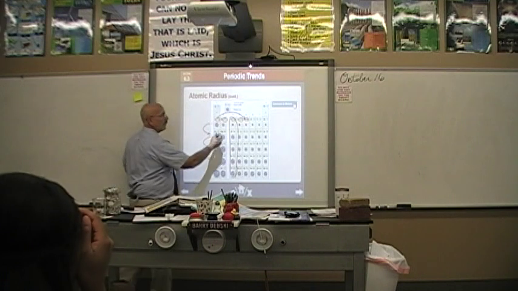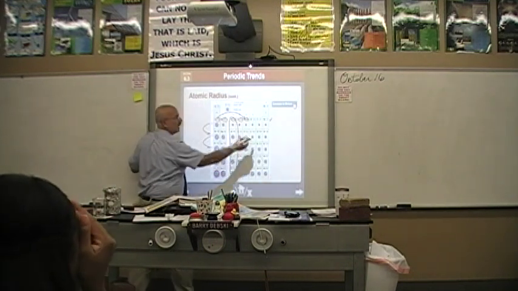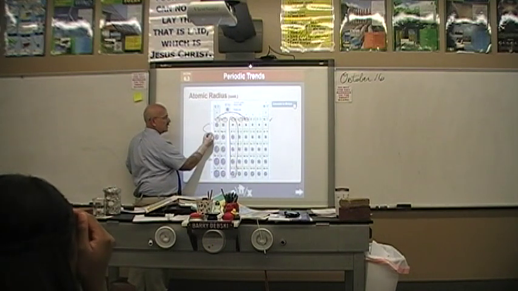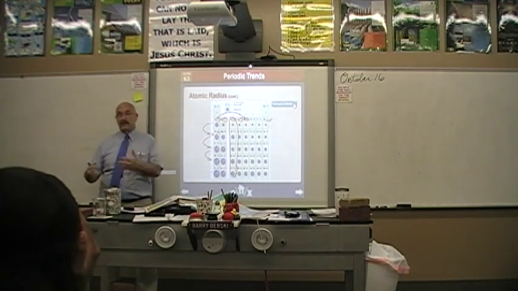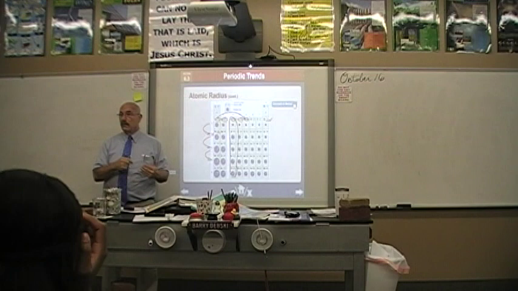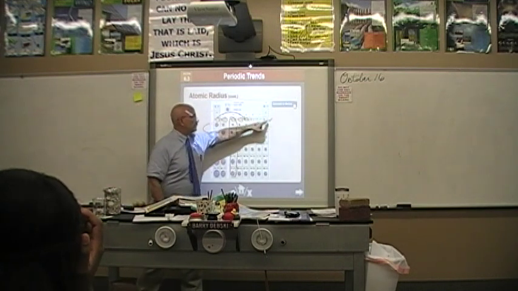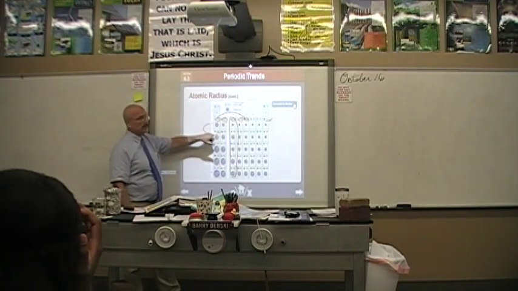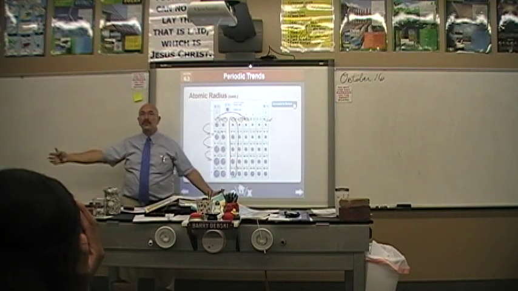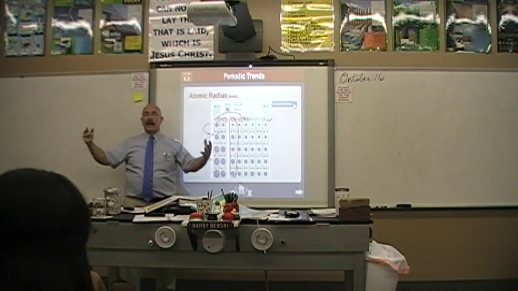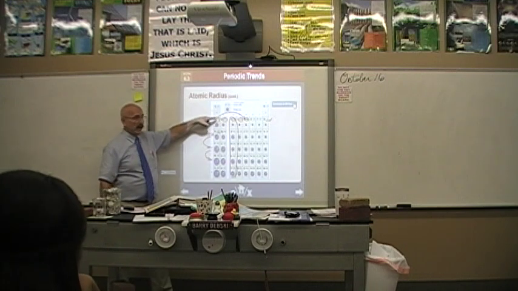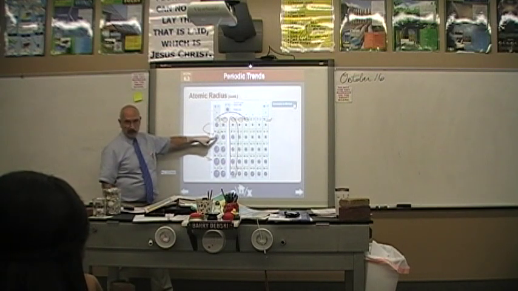So when I go from element neon, 71, to element sodium, notice it jumps from 71 to 186. That's the very next element. Why does one electron jump from a size of 71 to a size of 186? Because it's in a whole new energy level. It's a brand new s orbital, and it's bigger than this s orbital by a huge amount, 152 versus 186.